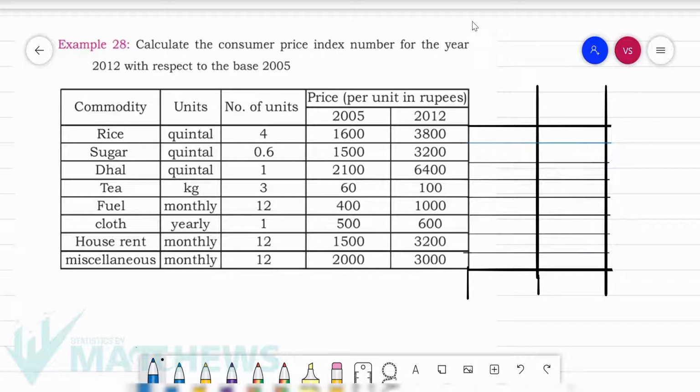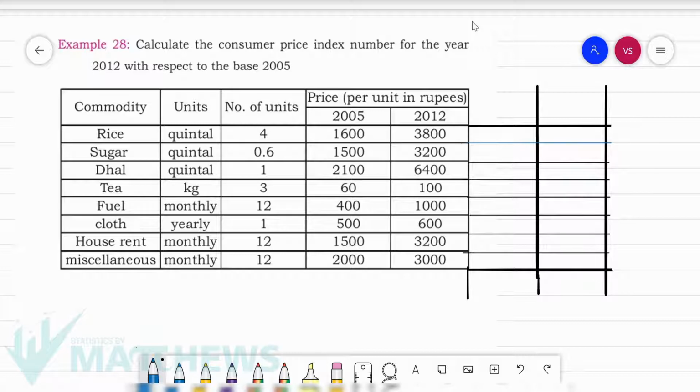Now you can see here they have given us various commodities: rice, sugar, dal, tea, fuel, cloth, house rent, miscellaneous, and the units consumed are also given. Rice is being consumed in quintals, sugar in quintals, dal in quintals, tea in kgs, fuel monthly, cloth yearly, house rent monthly, miscellaneous monthly.